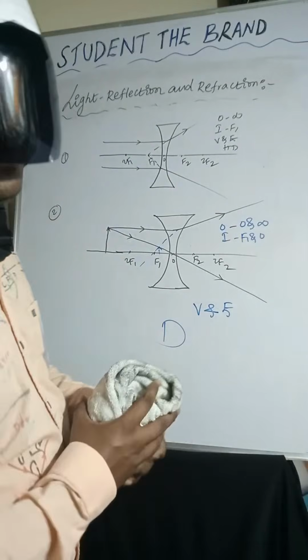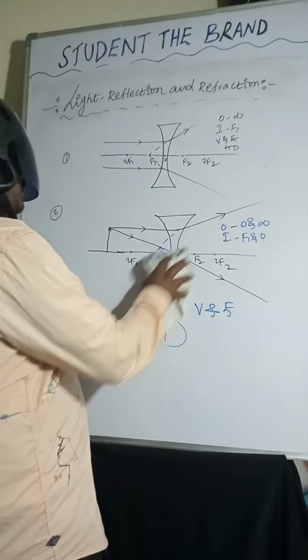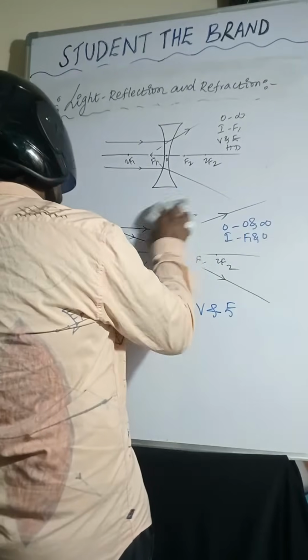Okay. Now, power of convex lens is positive. Power of concave lens is negative.